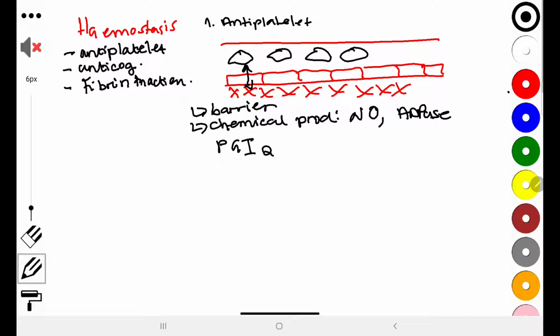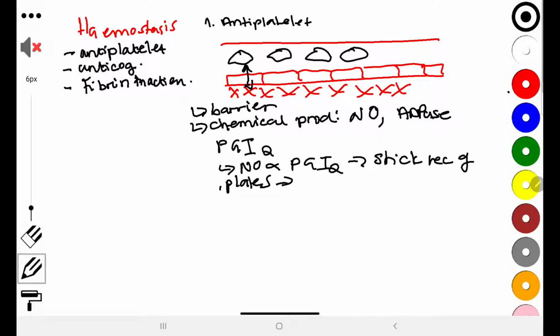Now, what do the nitric oxide and the PGI do? These, the nitric oxide and the PGI, do not allow the platelets to stick to the endothelium. They work by binding to the receptors of the platelets. To be specific, NO and PGI2 stick to the receptors of platelets.